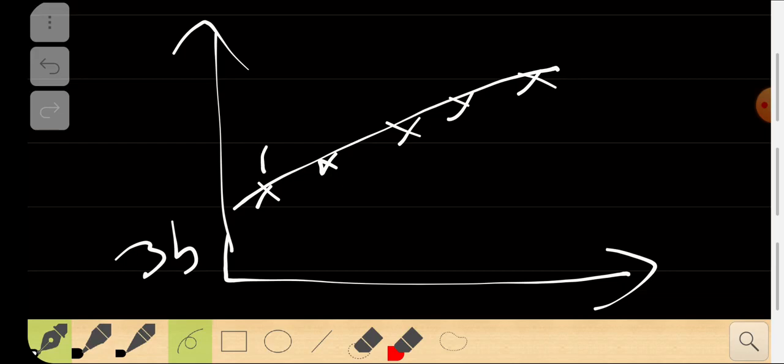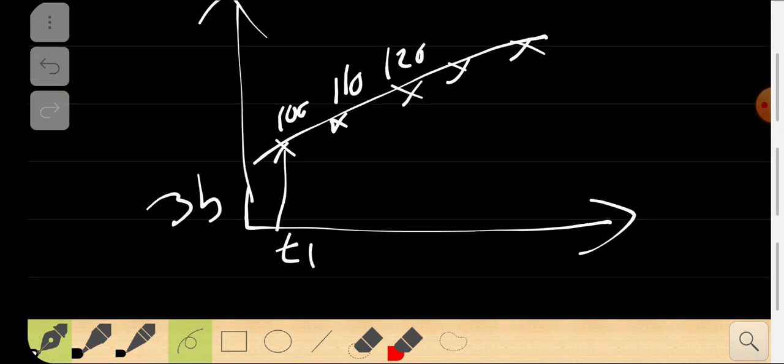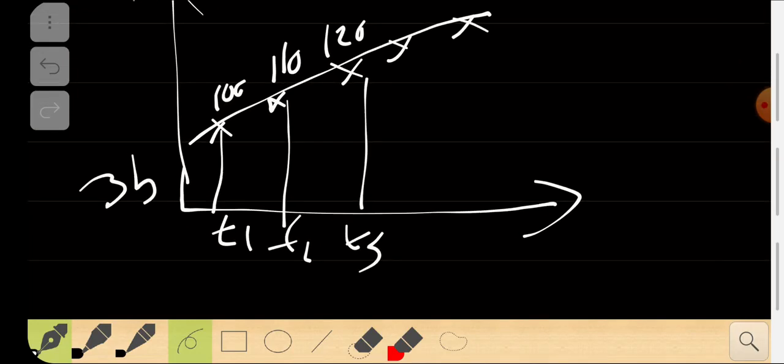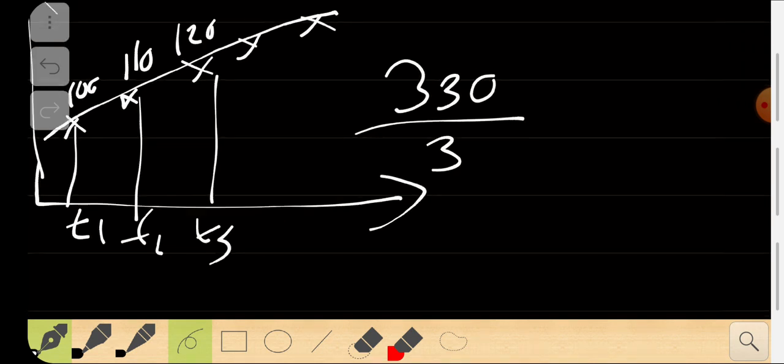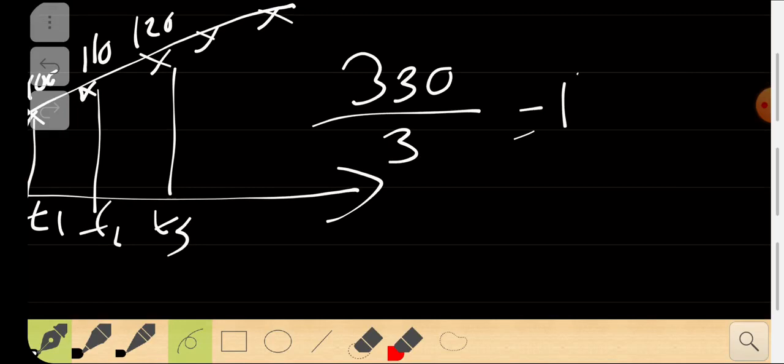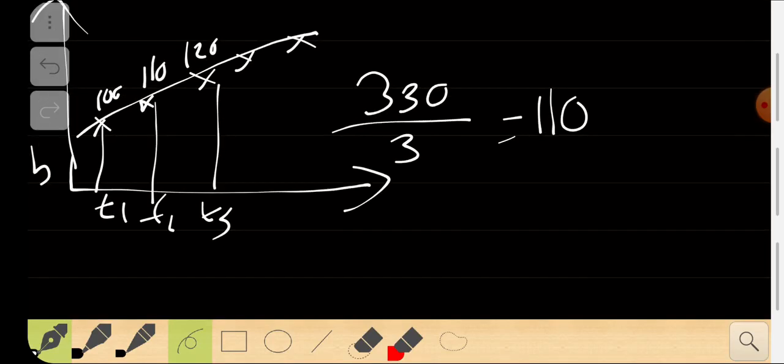If you say this is 100 meters per second, this is 110 meters per second, and 120 meters per second, then you can say that at t1, t2 and t3 you are at three different velocities. That means the distance you have traveled is 330 in total, and the time taken is 3, so that's the displacement you had, and 110 is the average velocity of your motion.